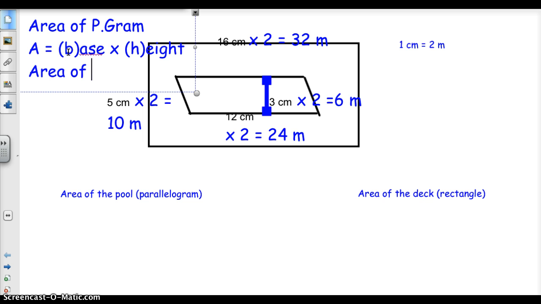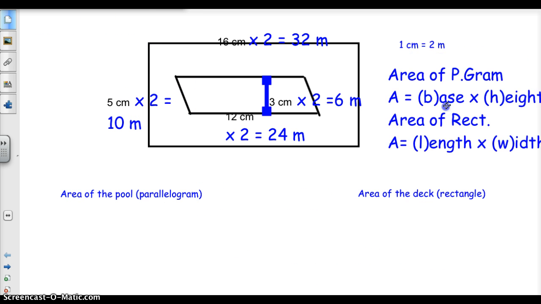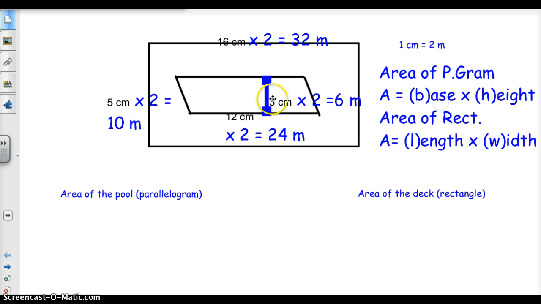Area of a rectangle, A equals length times width. I'm going to move that so that we can see it on the other side of the page. Okay, perfect. So now I know what I need to do.